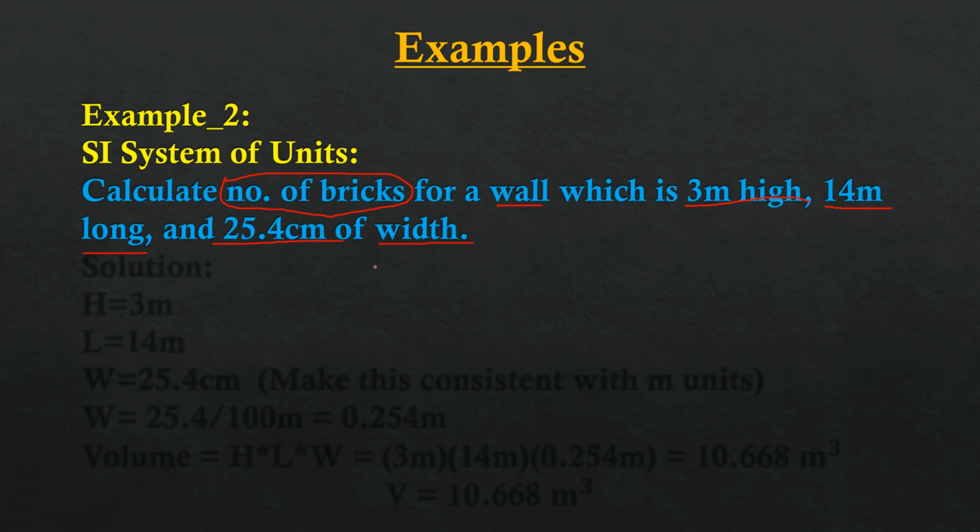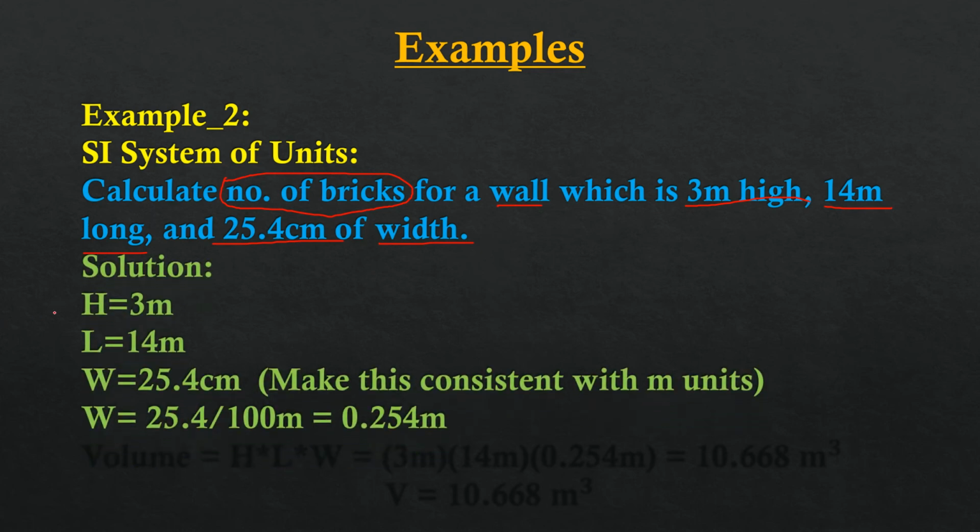You will write down the dimensions, because the first rule is to determine the dimensions of a wall. The first dimension is 3 meter height, 14 meter length, and W is given as 25.4 centimeter. So we have to convert it into meters. How can we convert centimeters into meters? By dividing by 100. So we divide 25.4 by 100 and it gives us 0.254 meter.